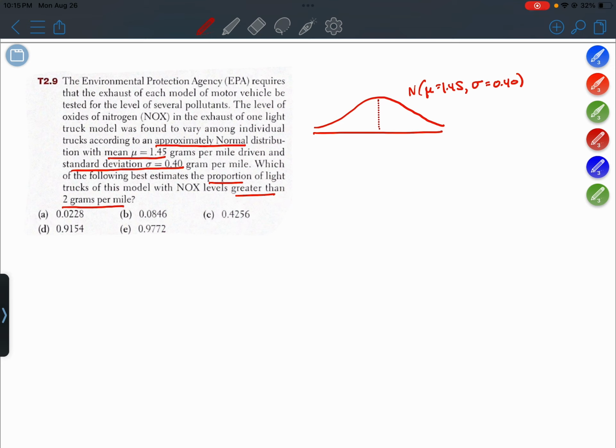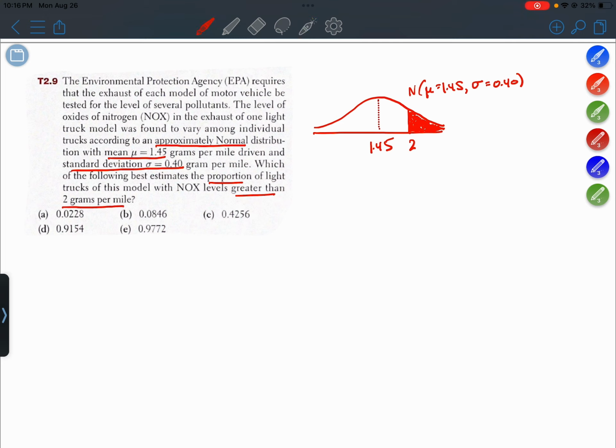We can label the mean 1.45, and we're going to label the boundary value. 2 grams is going to be somewhere to the right, maybe about here. And it says the proportion that is greater than, meaning that we want to shade the right tail here. So now the goal of this problem is to figure out how much area is in this right tail.